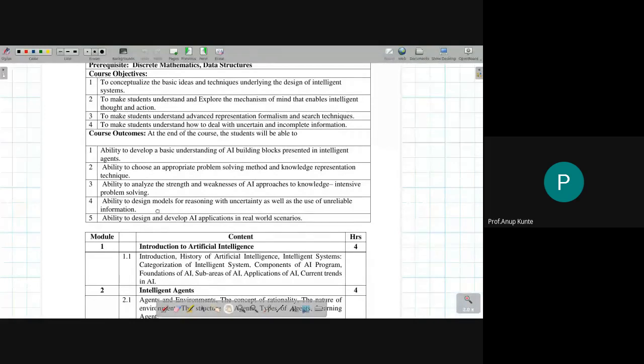But here you need to understand that when there were people wanting to understand human intelligence and mimic human intelligence in computer programs, their first approach was to try and understand human intelligence.